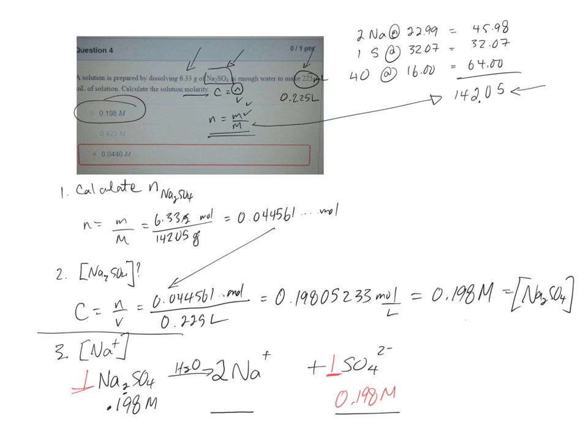Whereas the sodium, I'm going to have to times that by 2. So let me do that. Get my number, times 2 equals, and to round it to sig figs, 0.396 molar.